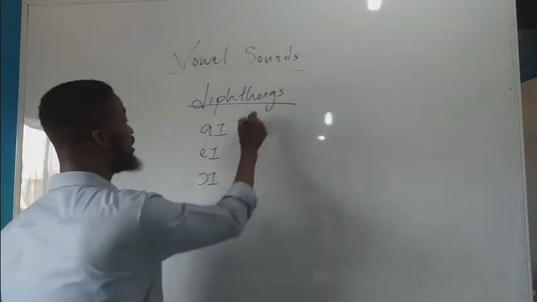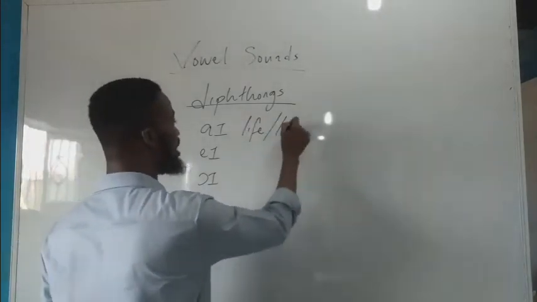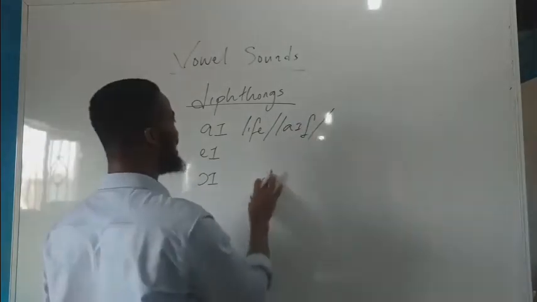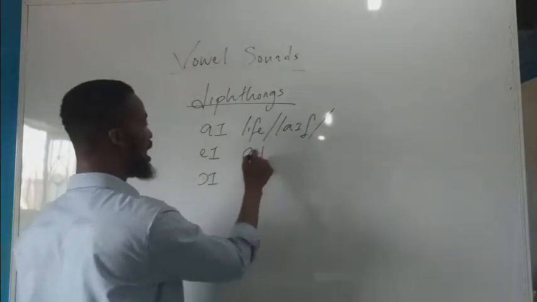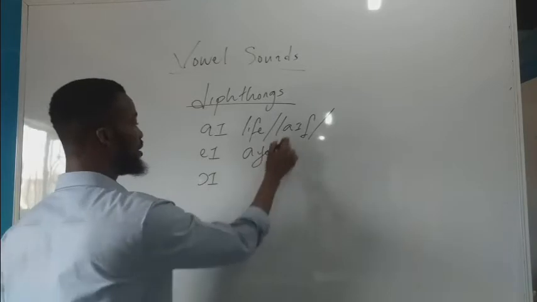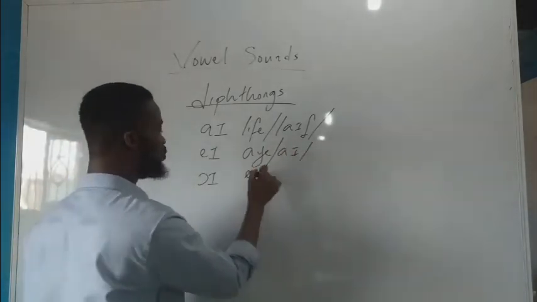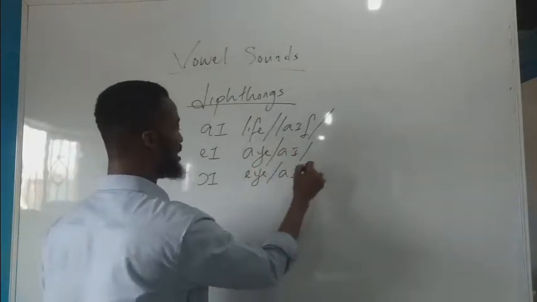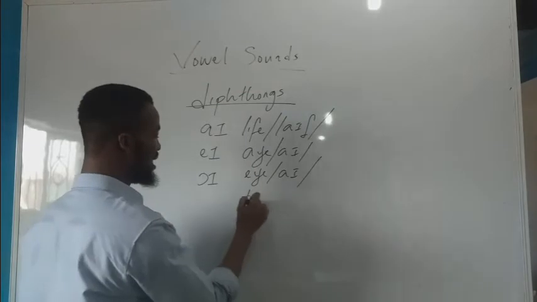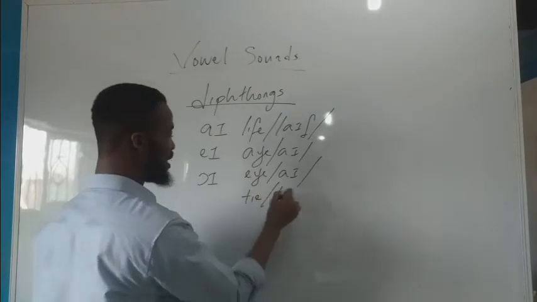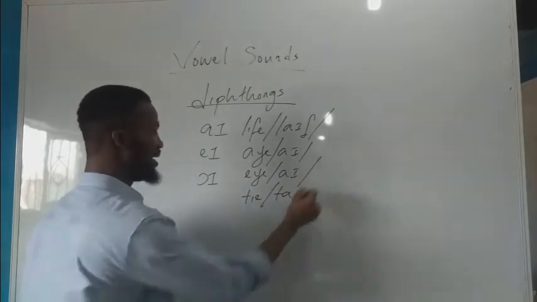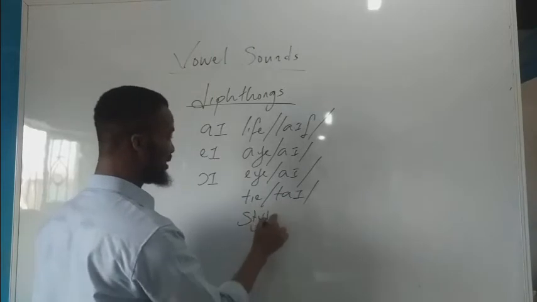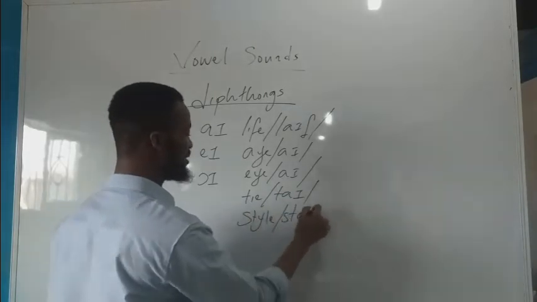For example, L-I-F-E is pronounced as life. If I have A-Y-E, this is not I-E, this is pronounced as I. E-Y-E is pronounced as I. T-I-E is also pronounced as tie. If I have S-T-Y-L-E, this is pronounced as style.